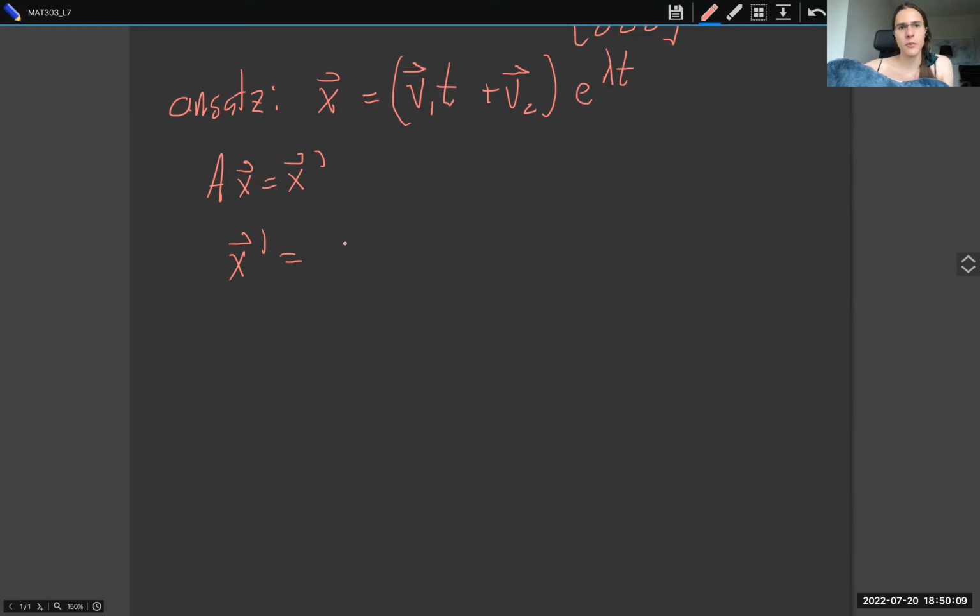If we differentiate e to the lambda t, we get a lambda, so we get v1 t lambda e to the lambda t.